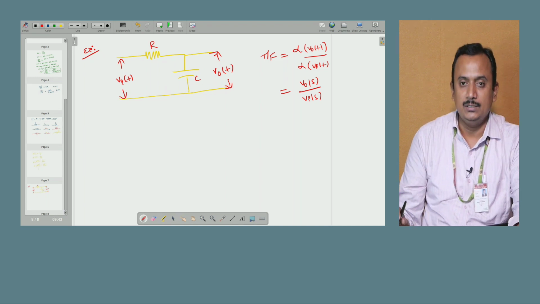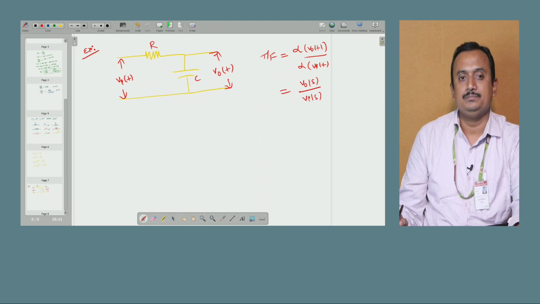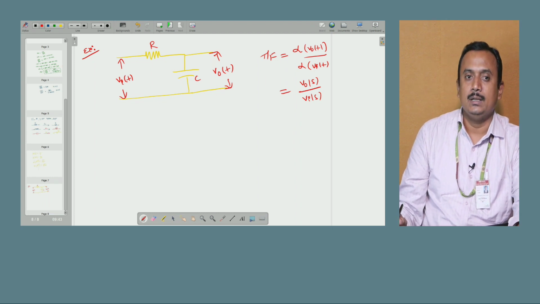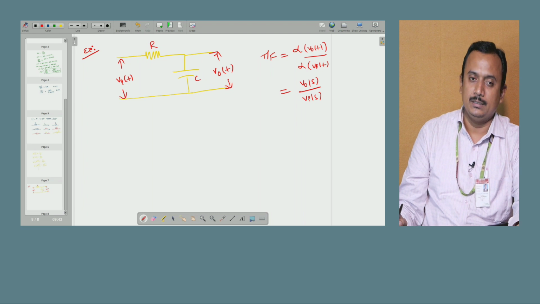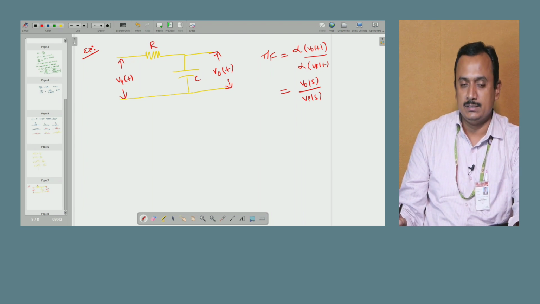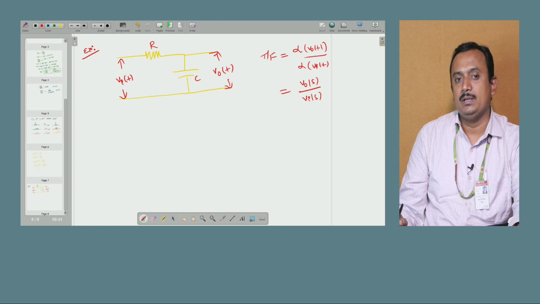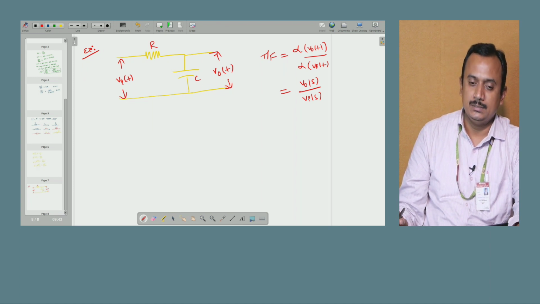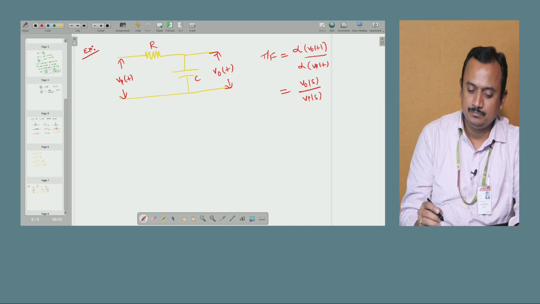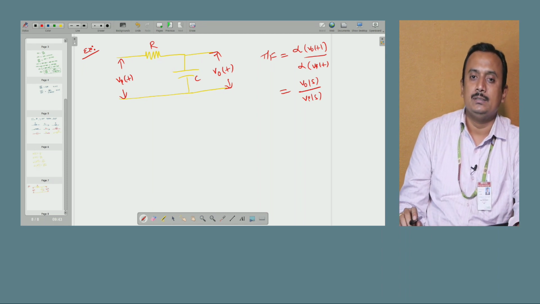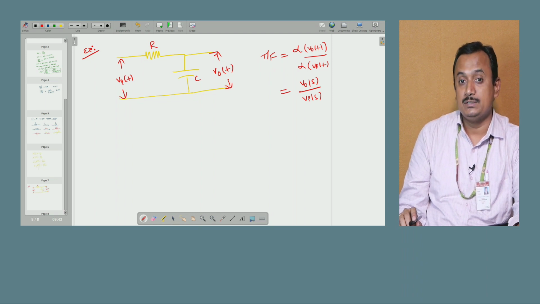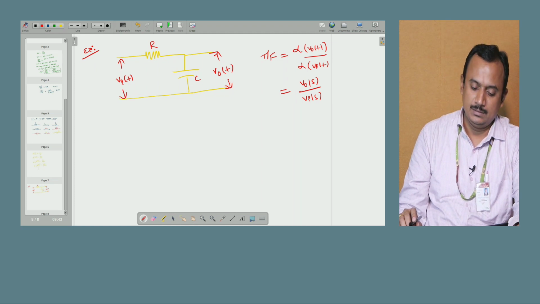Now to find this value, we can use simple electrical circuit laws, like the series technique, parallel technique, KVL, KCL. We can use any fundamental laws to find this V0 of s by Vi of s. First, I always suggest, since you are finding the transfer function, you need to replace the given circuit with its equivalent Laplace transform circuit.